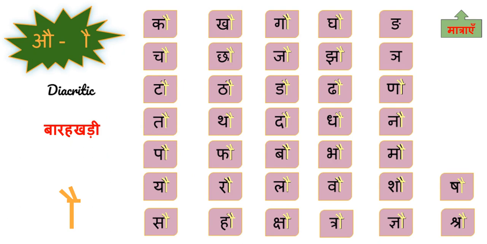And this vyanjan with this au ki matra will be read as k में au की मात्रा कौ. ख में औ की मात्रा खौ. ग में औ की मात्रा गौ. घ में औ की मात्रा घौ. And so on.